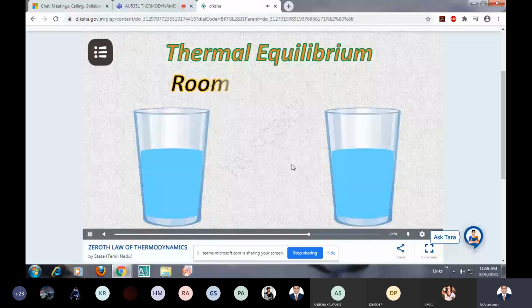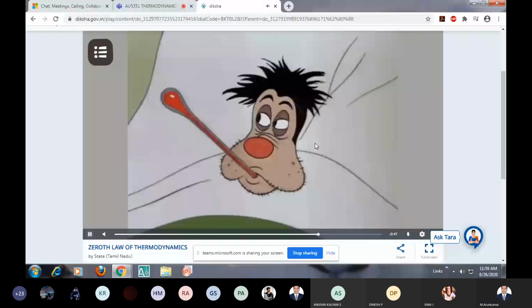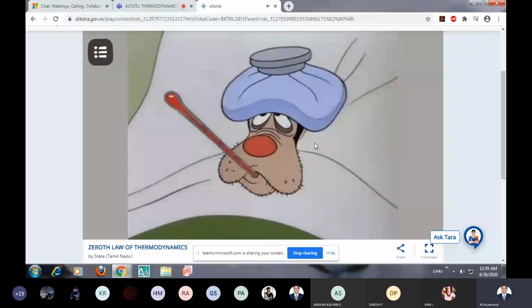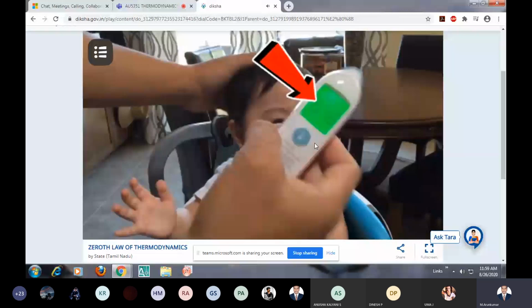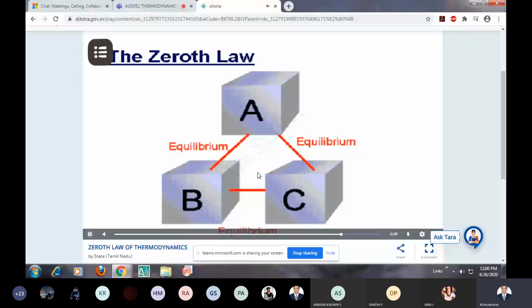This is another application of the zeroth law of thermodynamics. Temperature measurement using a thermometer is an application of the zeroth law of thermodynamics. So what is the zeroth law of thermodynamics?